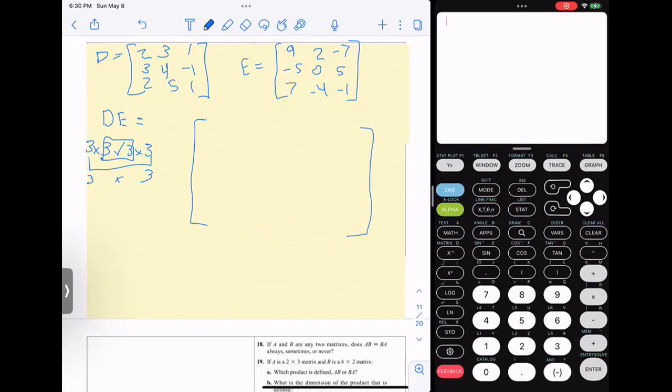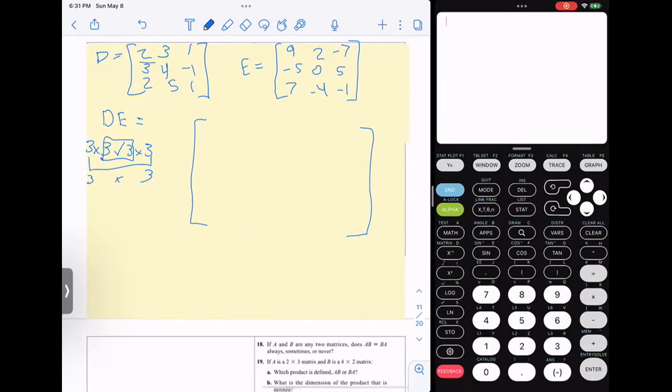All right, so D times E. That means we want to take a row of D times a column of E. If we want to find this value right here, that is our first row, first column.